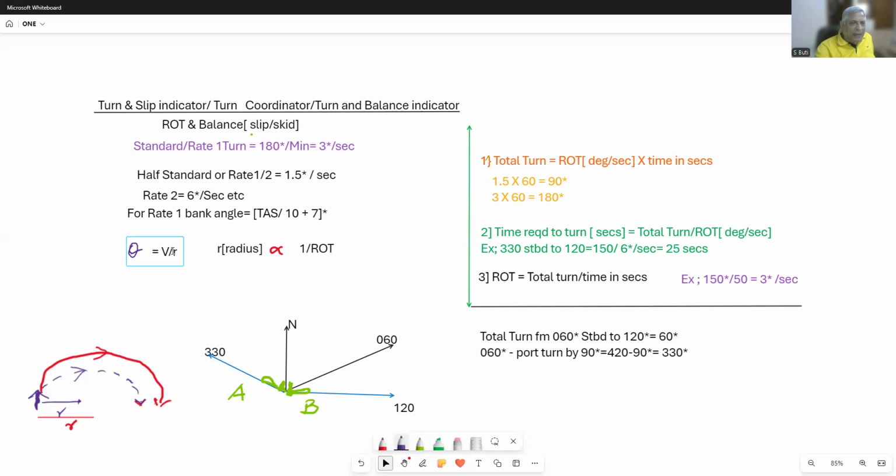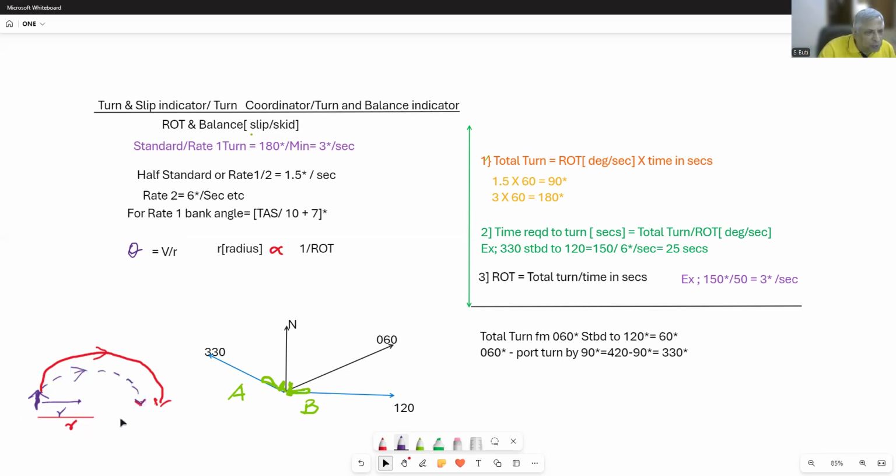Bank angle and rate of turn are also related. Theta, the bank angle, not numerically but concept-wise, is directly proportional to the true airspeed and inversely proportional to the radius. Here is an aircraft turning at a certain true airspeed, and this is his radius, and he has completed 180 degrees.